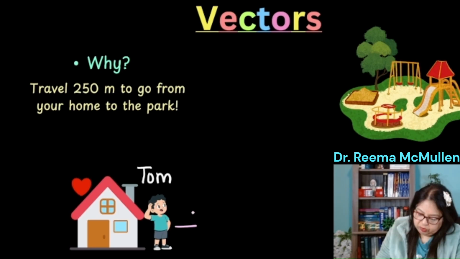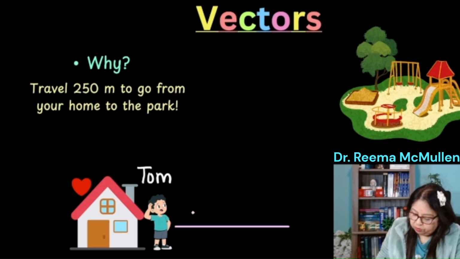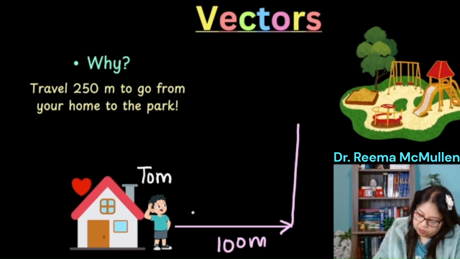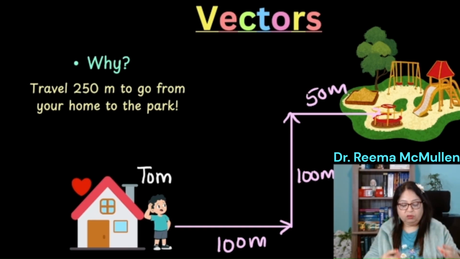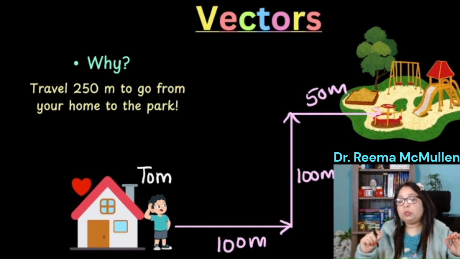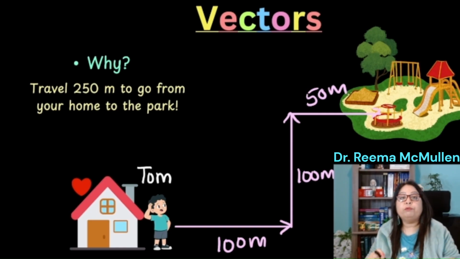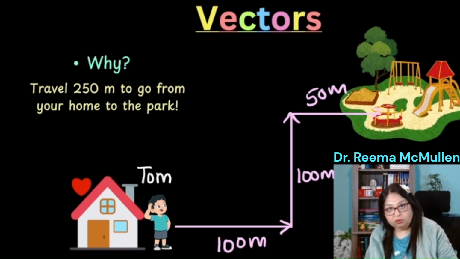To go there, first he goes 100 meters east. Then he goes 100 meters up north. Then he turns east and goes another 50 meters to reach the park. So to go from his home to the park, we have to tell him not only the distance, how much distance he needs to travel, but we also have to tell him in what direction he has to travel that distance.